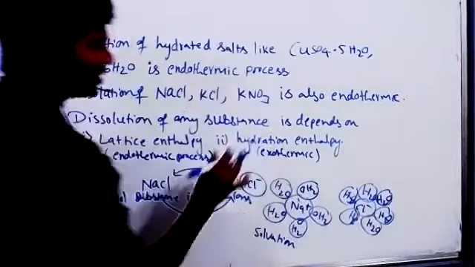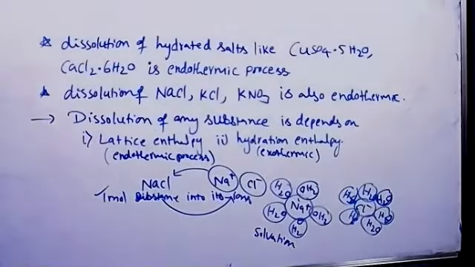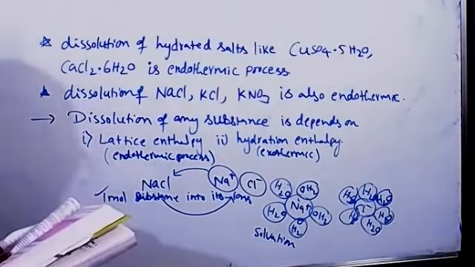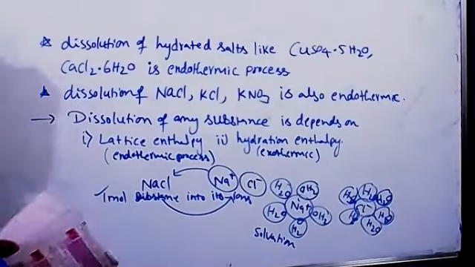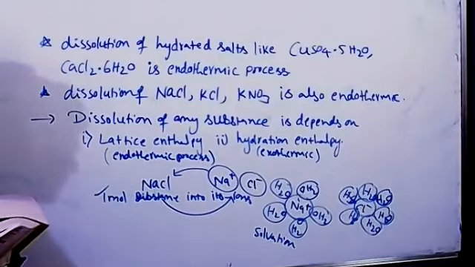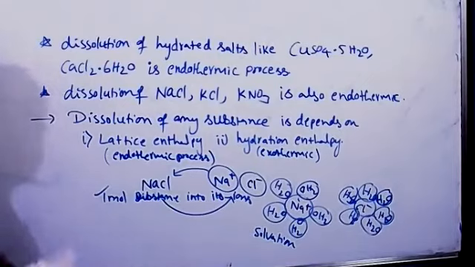So this is an exothermic process. Lattice enthalpy is an endothermic process. Hydration enthalpy is an exothermic process. Now we will calculate the enthalpy of dissolution of one salt. Suppose NaCl is given.